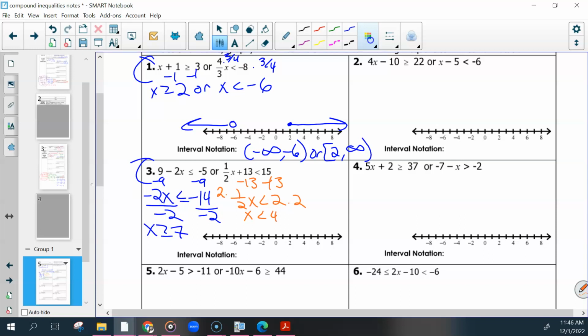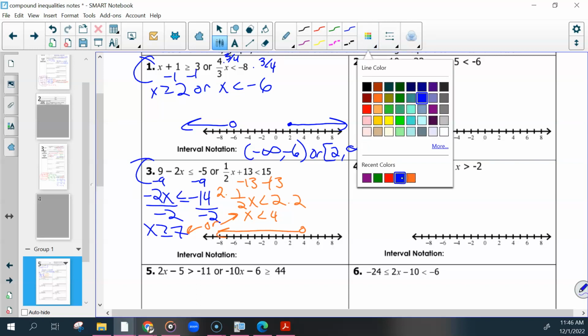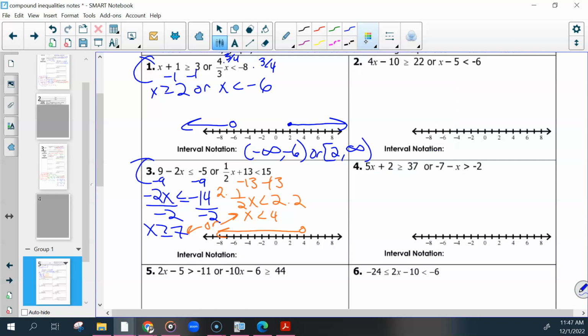Okay, so if your answers are spread out like this, either rewrite it so it has the or, or just write the or and draw arrows. Either or. Graphing this, we have x is less than 4 and x is greater than or equal to 7.